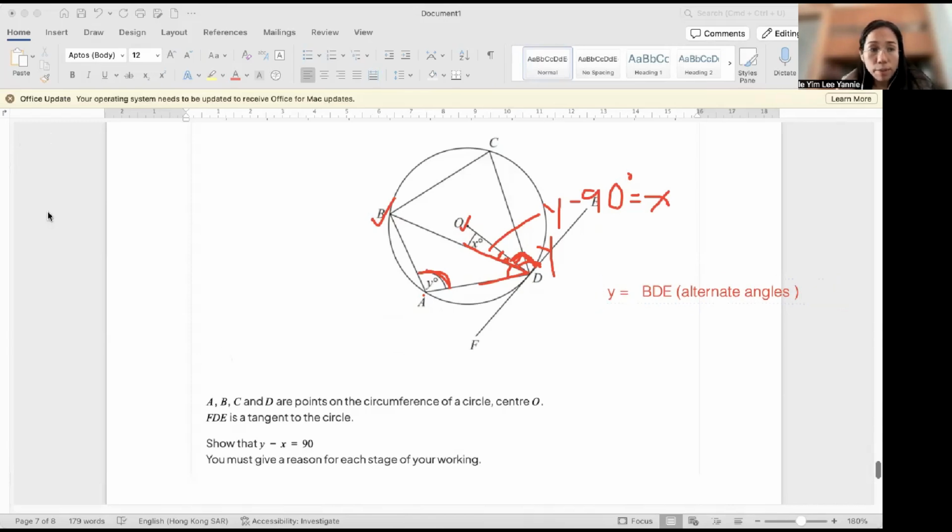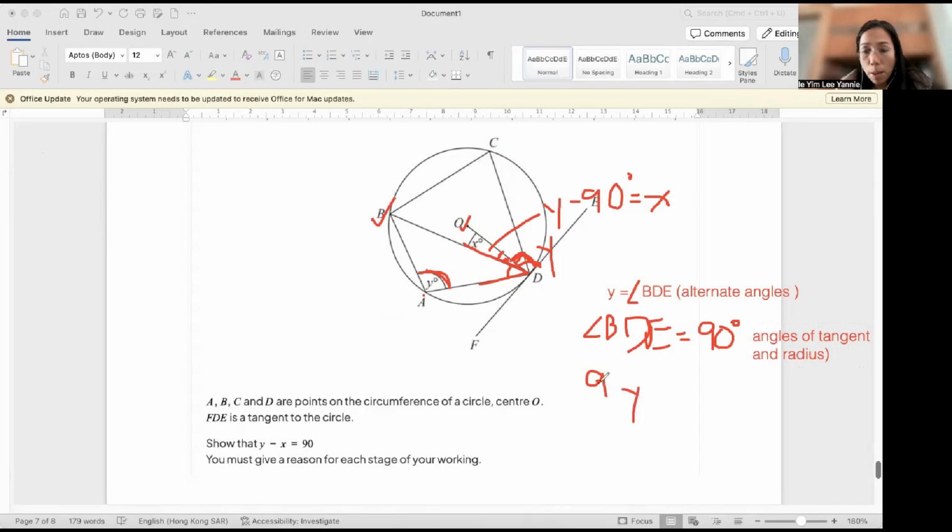Next, angle BDE equals 90 degrees. So y minus 90 equals x.